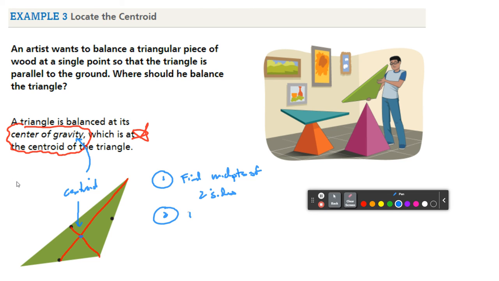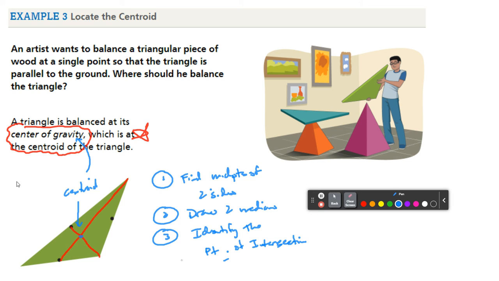Step 2, we need to draw 2 medians. And then step 3, identify the point of intersection. And that would then be the centroid and also the center of gravity.